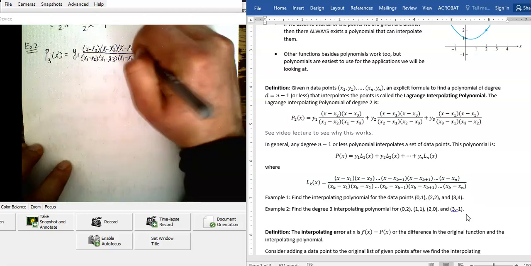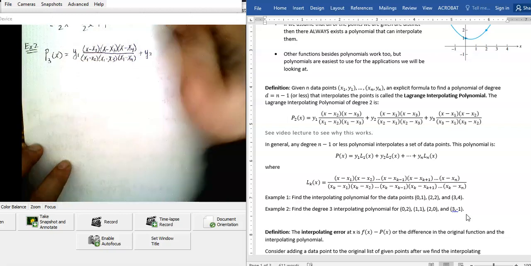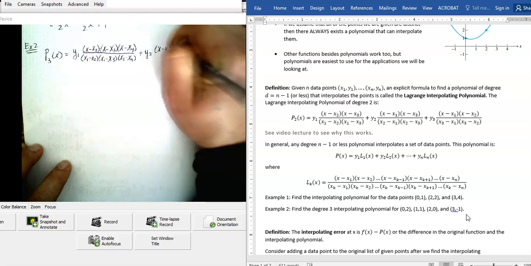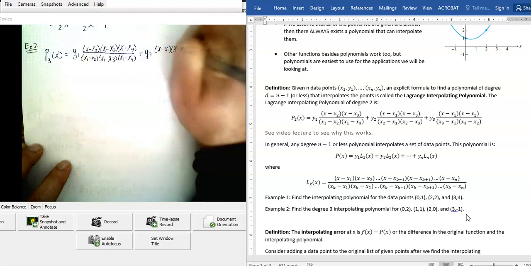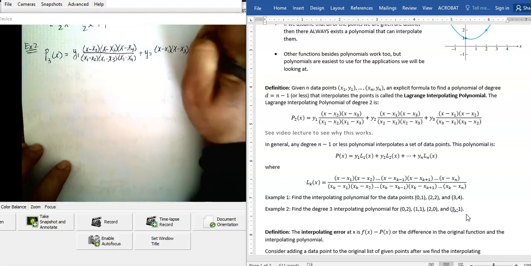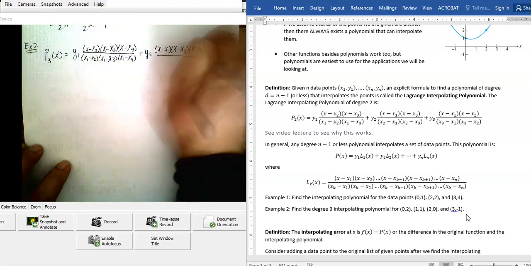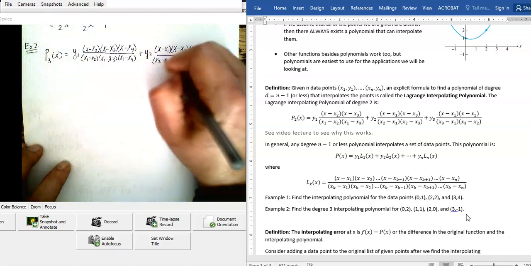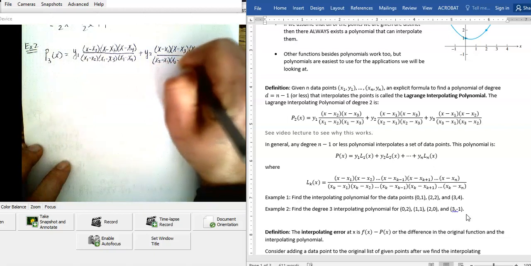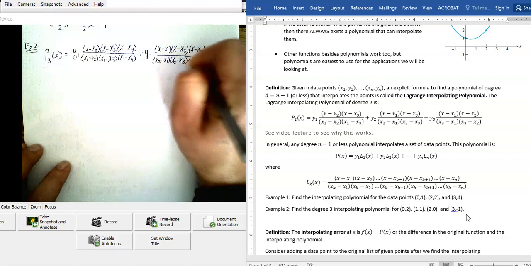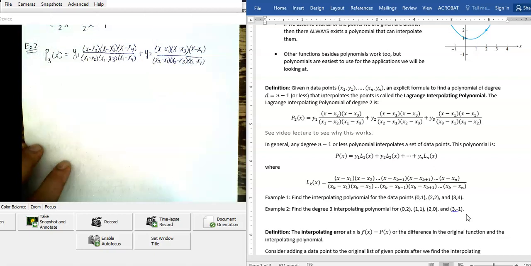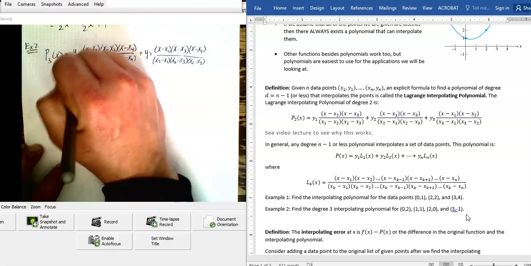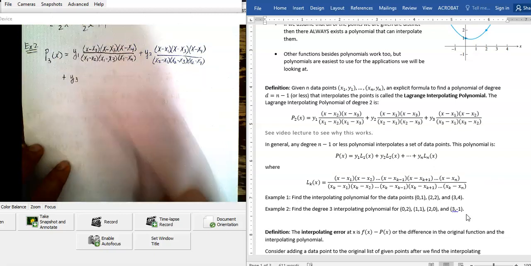Our second term will be y2 times x minus x1, x minus x3, remember we skip, x minus x4 over x2 evaluated there, x2 minus x1, x2 minus x3, x2 minus x4. Our third term, y3, same pattern.